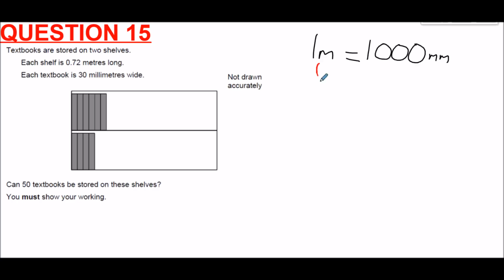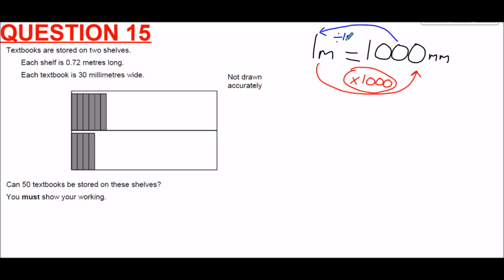So to change from meters to millimeters, we're going from a small number, 1, to a big number, 1,000. So we need to multiply it by 1,000. If we were going the other way around and changing from millimeters to meters, we'd be going from a big number to a small number. We'd be going the opposite way, so we'd do the opposite thing.